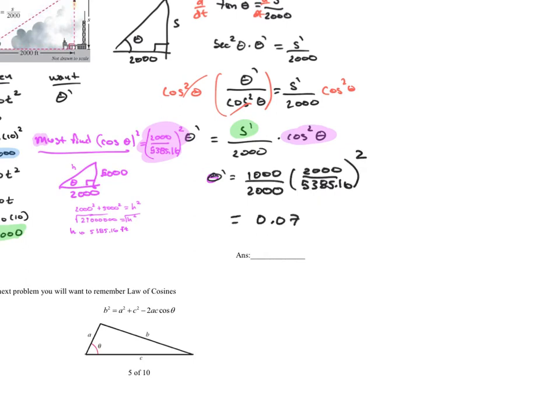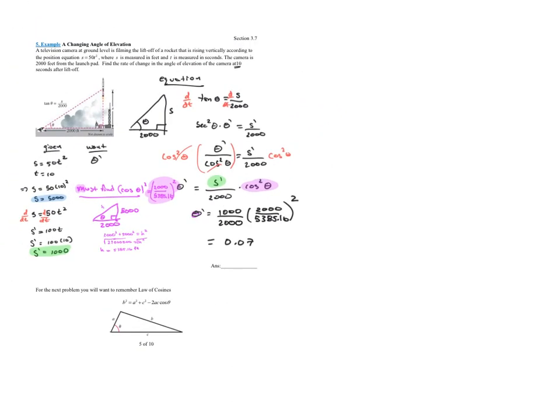Okay. Now we have to think about the rate of change. So what are we measuring? This is the rate of change of theta. Theta is an angle, and remember when we do this, we are always doing our angles in terms of radians. So this is going to be in terms of radians per our unit of time, and our unit of time in this case was measured in seconds.